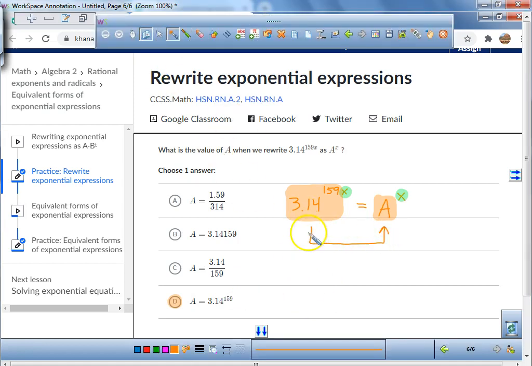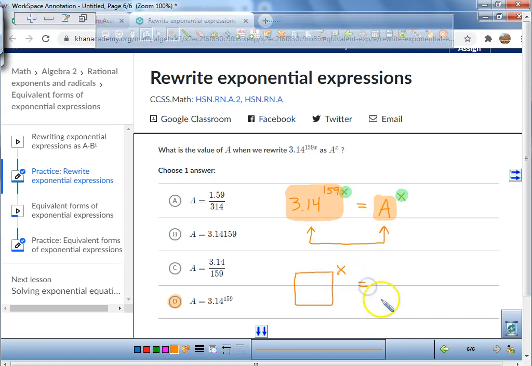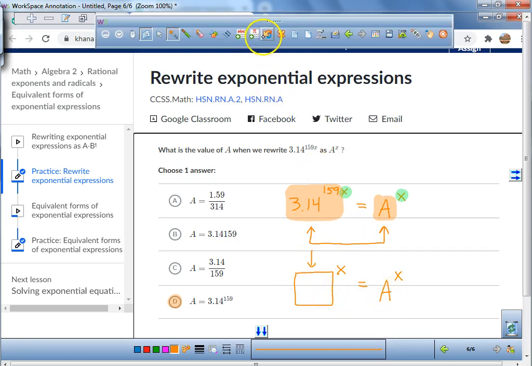No, the x's stay the same. Think of it this way. Empty box x equals a. So what would have to go in this box in order for these to be equal to each other? We'd have to have the same number.